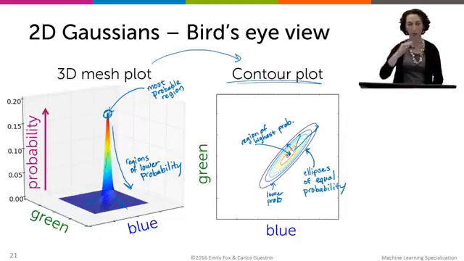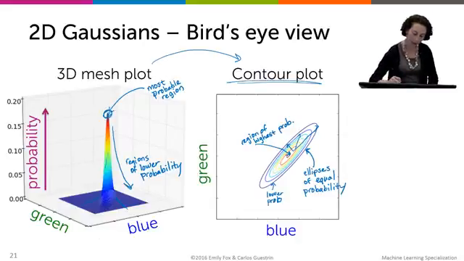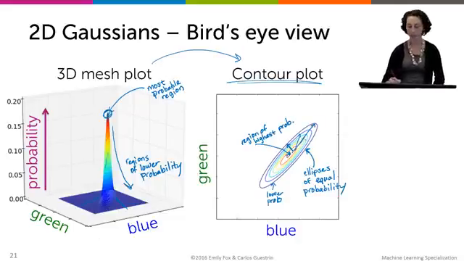The question is just how rapidly it drops off. It drops off most rapidly in this direction, least rapidly in this direction here, and somewhere in between for the different directions that we've shown. Okay, so this contour plot is going to be our standard representation of a Gaussian in two dimensions.